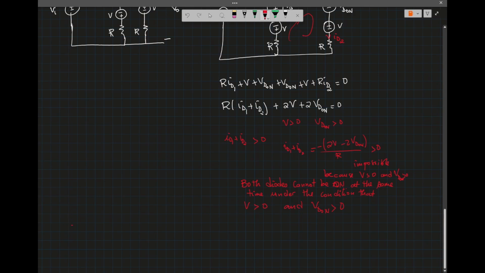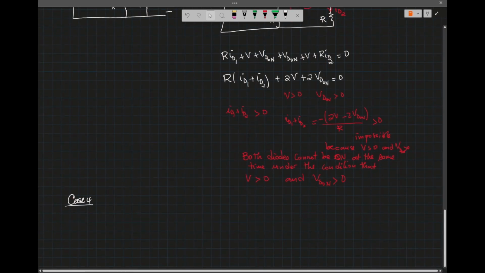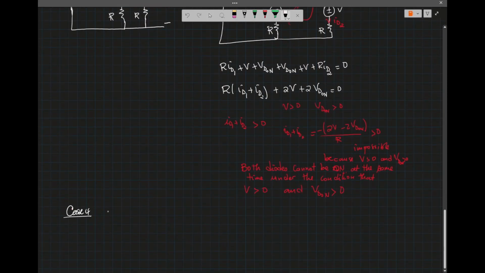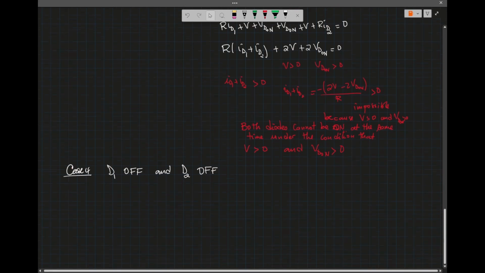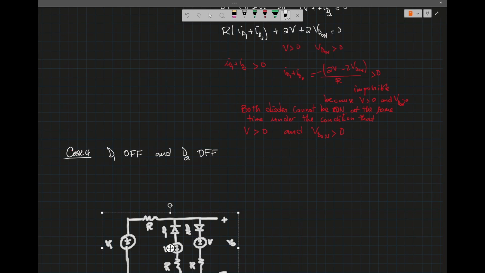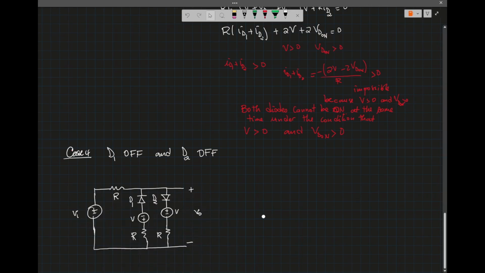So the last one, case 4. Case 4 is when they're both off. D1 is off and D2 is off. So in that case, this will be open, and this will be open.